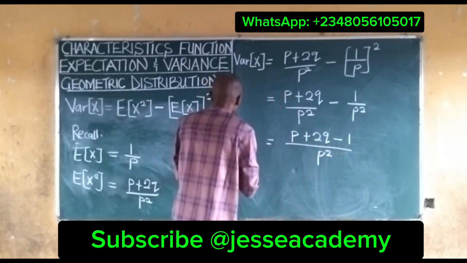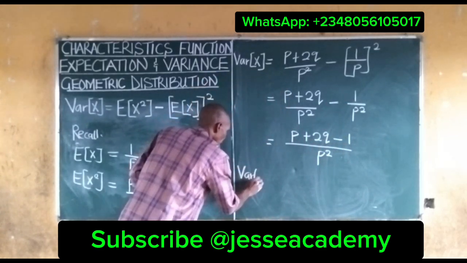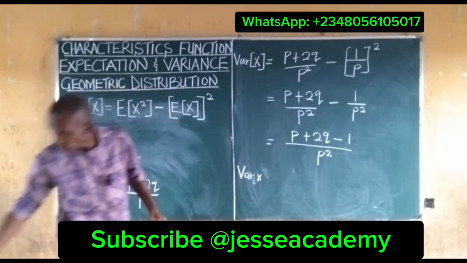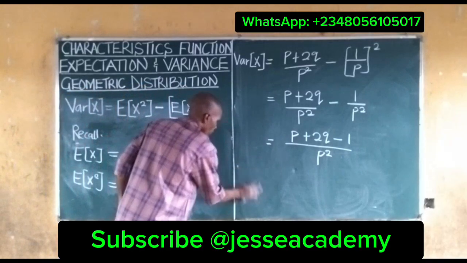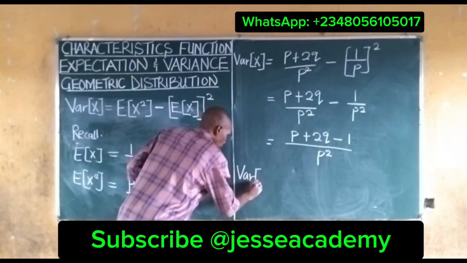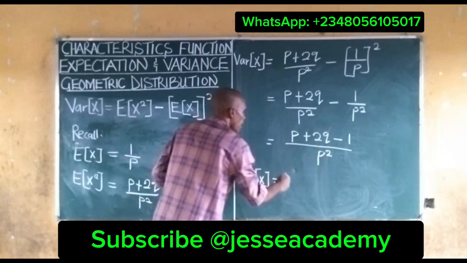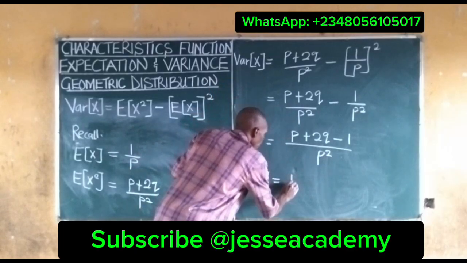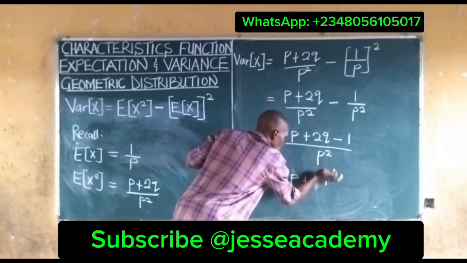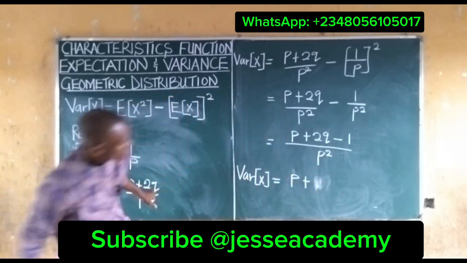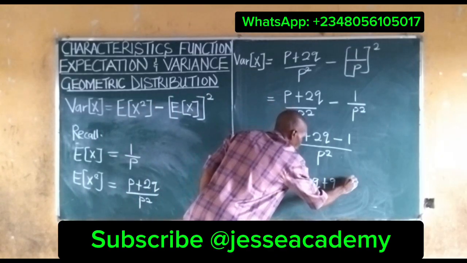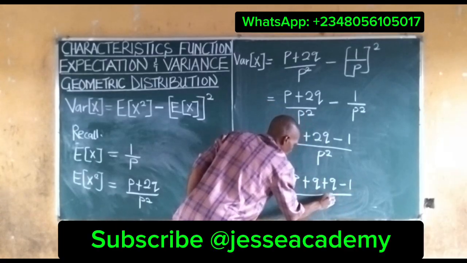Of course, we can still do something, meaning our variance of x can be written as p plus q plus q minus 1 all over p squared.